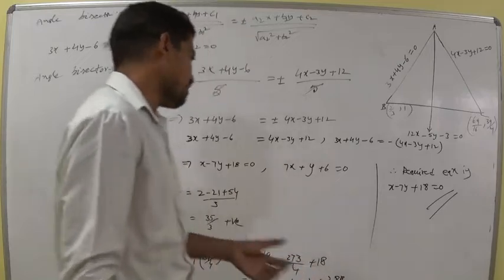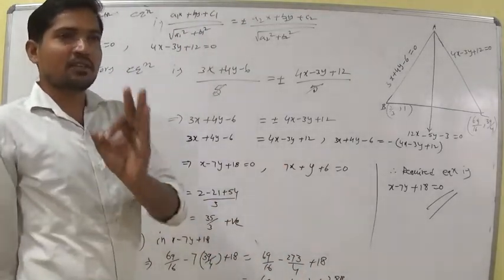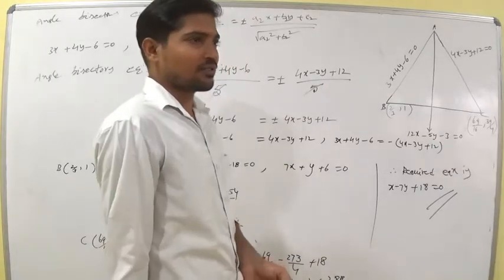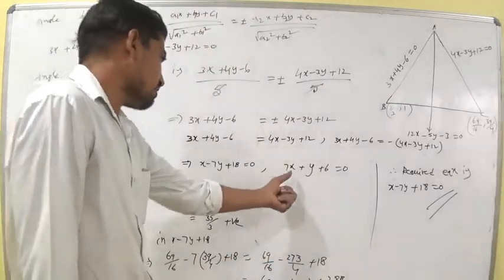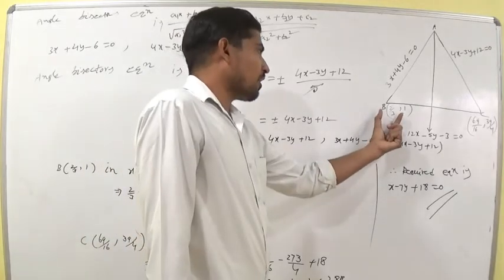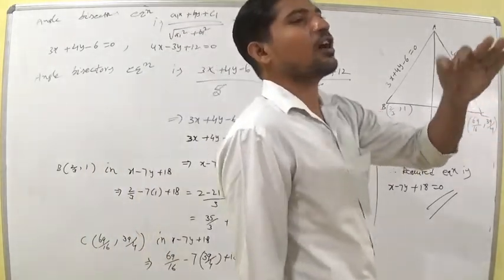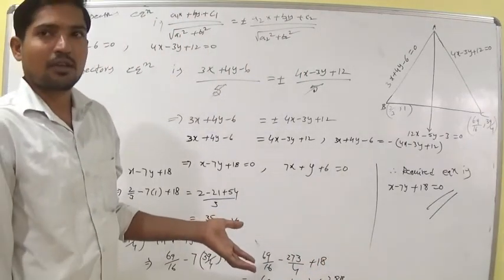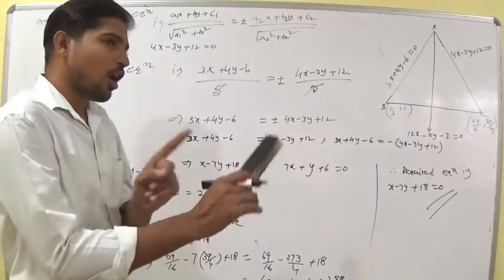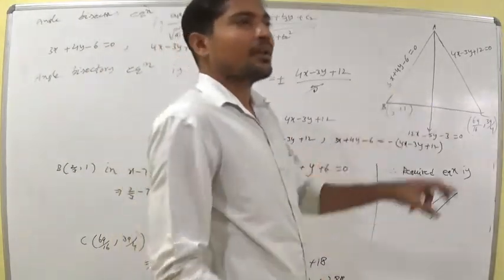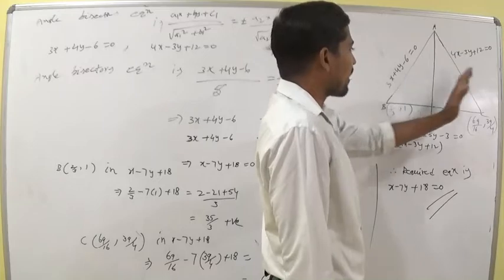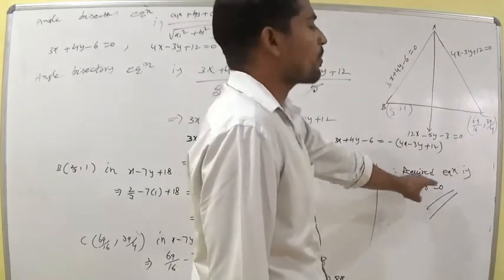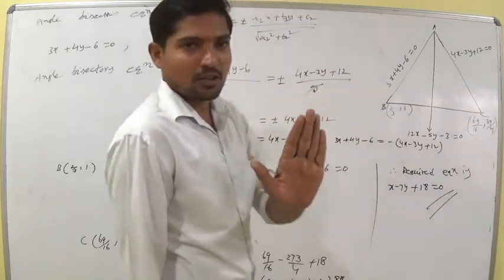So what about the next equation, 7x plus y plus 6 is equal to 0? If you substitute the coordinates of B and C, we will get always positive values, so those lie on the same side. So that's why the equation which has B and C on either side is the angle bisector: x minus 7y plus 18 equal to 0. Clear?